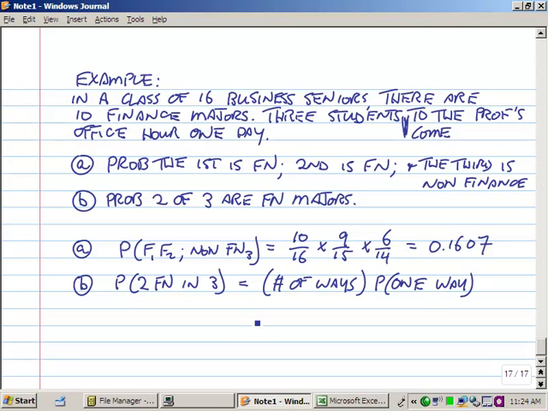How many ways? 2 out of 3. Again, we've seen that quite a few times before. It's 3 ways. Probability of one way. Well, part A gives you one way. Okay, and so the answer to that is 0.4821. Okay, so that's that problem.